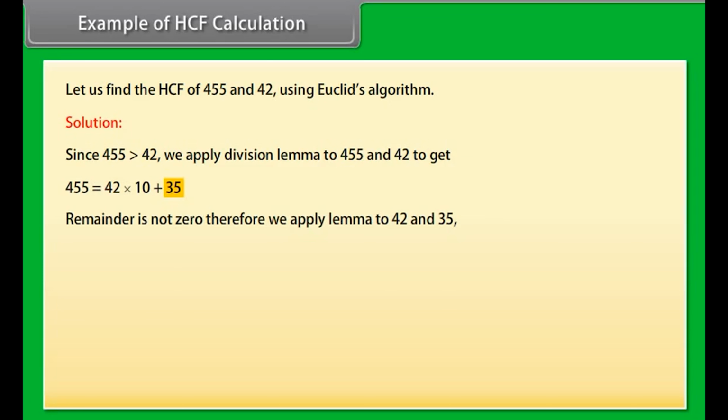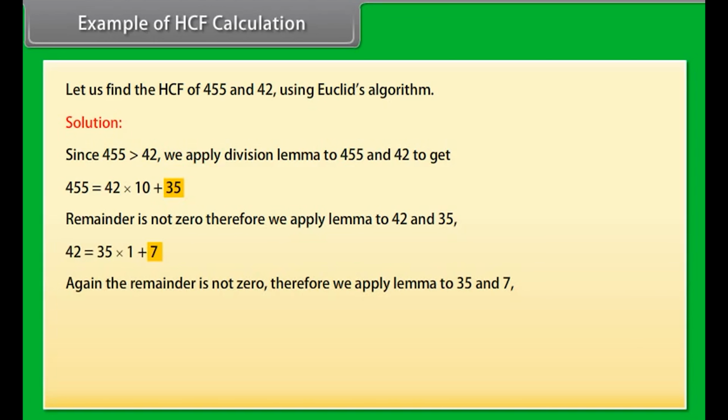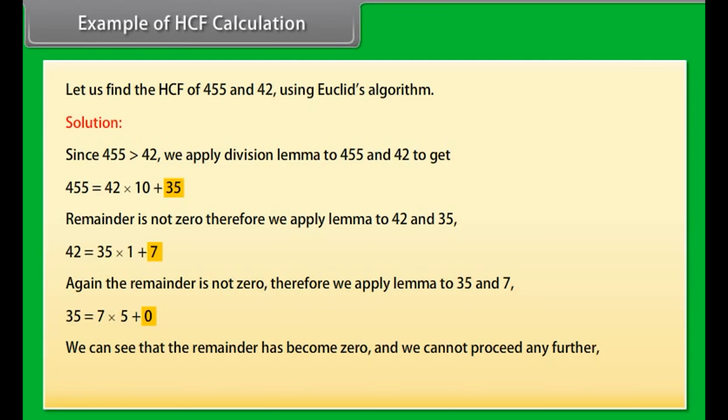Remainder is not 0, therefore we apply lemma to 42 and 35. 42 = 35 × 1 + 7. Again, the remainder is not 0, therefore we apply lemma to 35 and 7. 35 = 7 × 5 + 0. We can see that the remainder has become 0 and we cannot proceed any further. Therefore, the HCF of 455 and 42 is the divisor at this stage, that is 7.